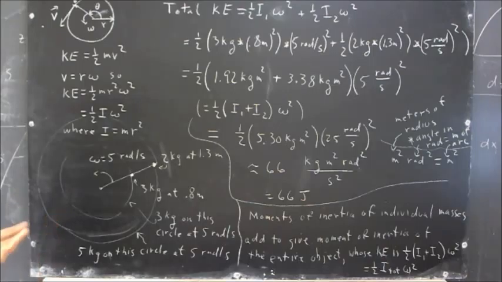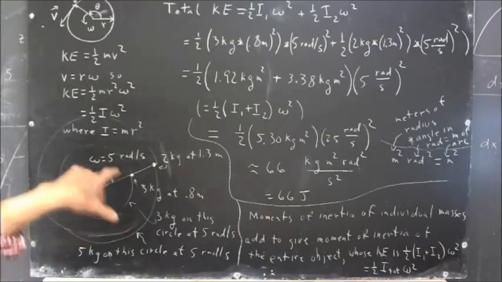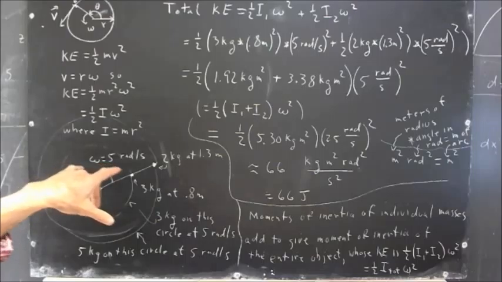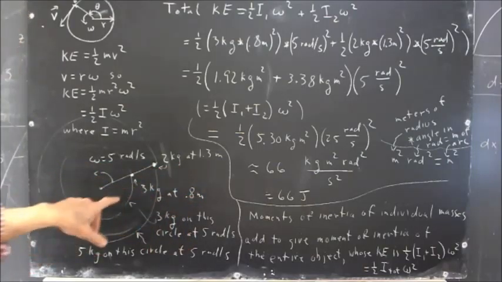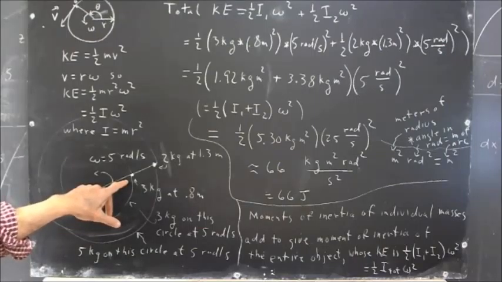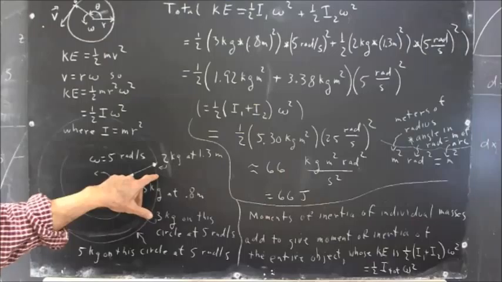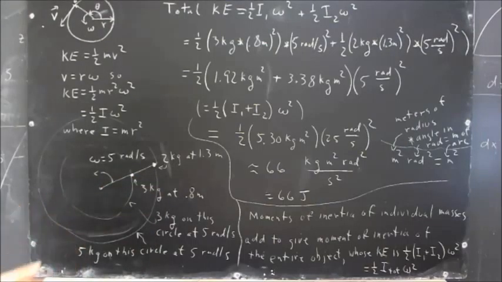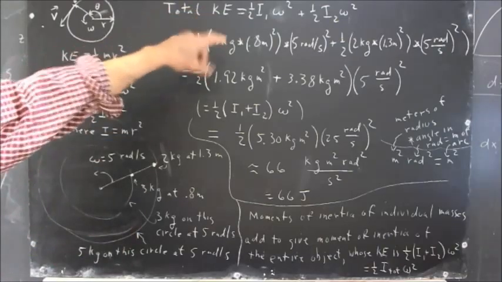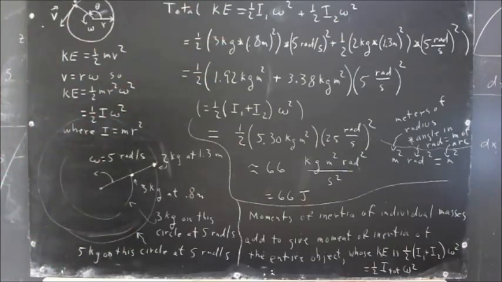Now we already know that without using moment of inertia, we were able to determine that this one had a kinetic energy of 24 joules, this one a kinetic energy of 42 joules, just using 1/2 mv squared and directly calculating v.